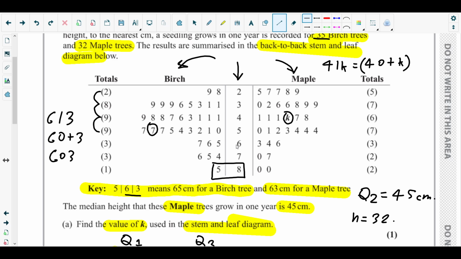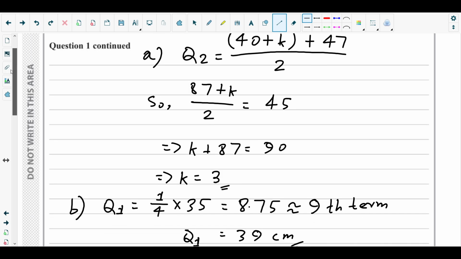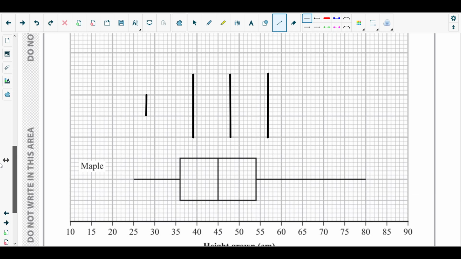No. The upper range would be the highest data value without an outlier. 85 is an outlier, so the upper range would be 76. It is here. This is the upper range, 76.